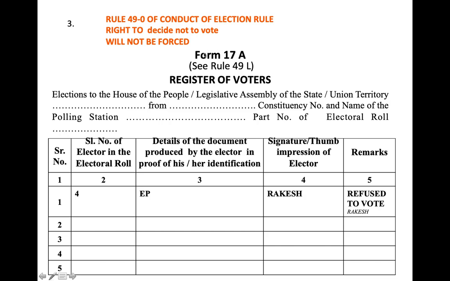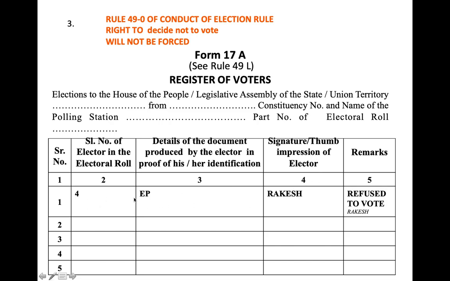Suppose this is Form 17A, the Register of Voters, and suppose the first elector who came on that day is Rakesh, and his serial number in the electoral roll is 4. So you will enter 4, and in the third column you will enter the details of the identity document that he brought that day, and he gave his signature.